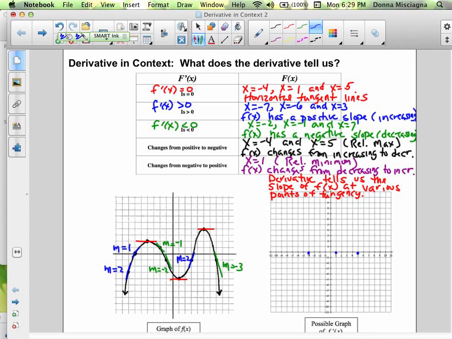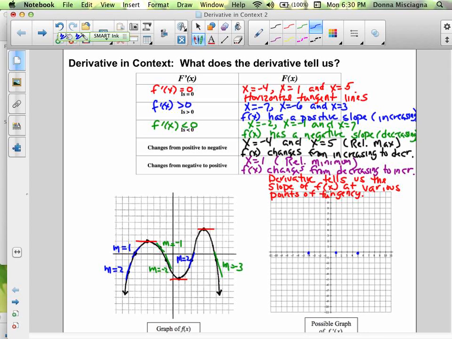So if the slopes are 0 on f of x, on f prime of x, those should be x-intercepts. Right? So those points are x-intercepts for f prime of x. Right? So those are some easy ones to graph.